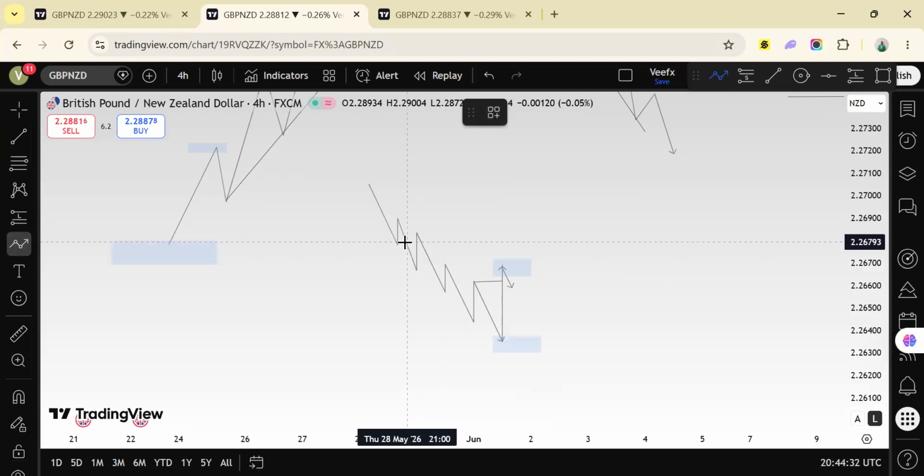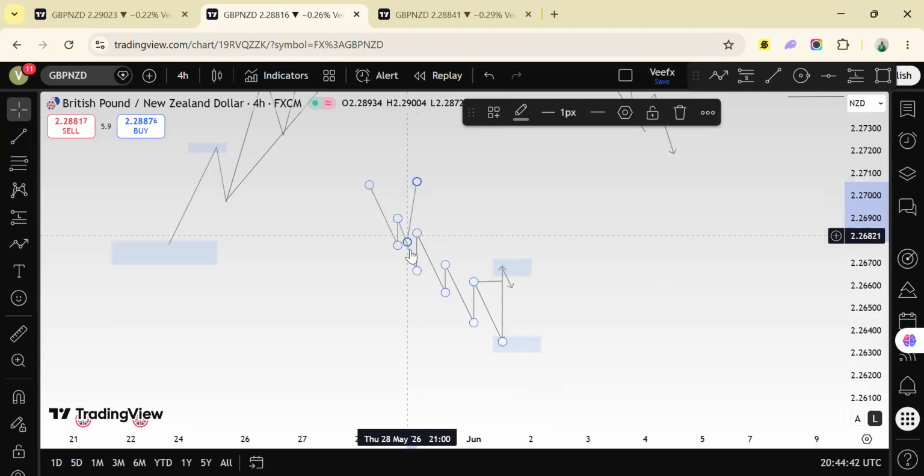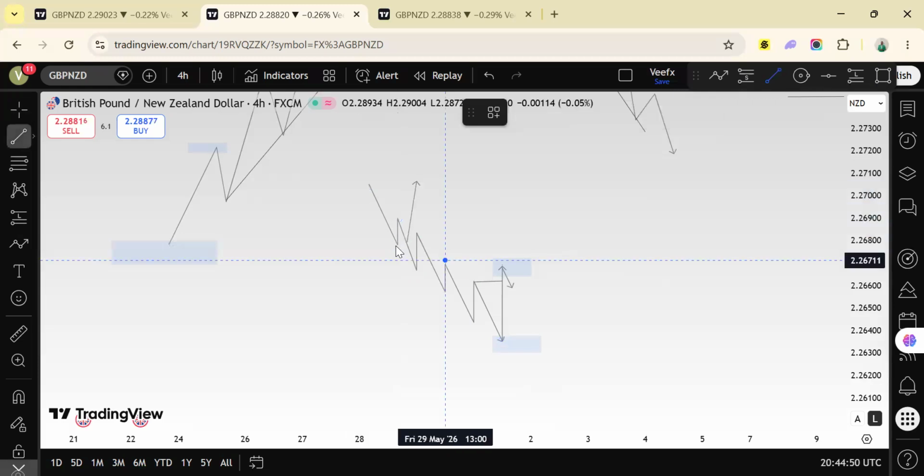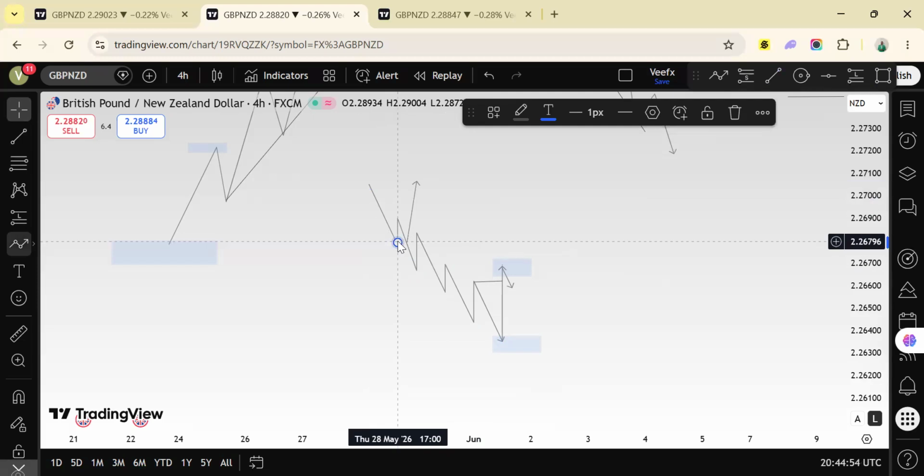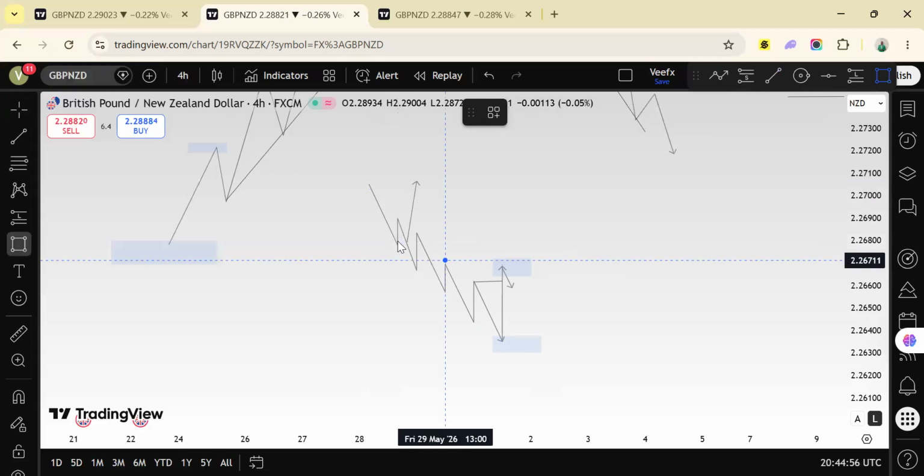For it to still be an order block, it is supposed to have respected that area and pushed up, but it didn't. It broke past that area. So you can no longer call this area an order block again. You now call it what? A breaker block, right? So that is now where you now have a breaker block. Are you following me, guys?